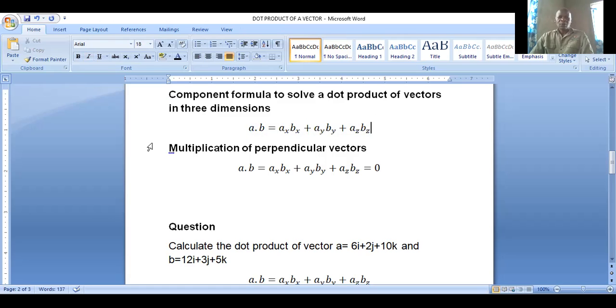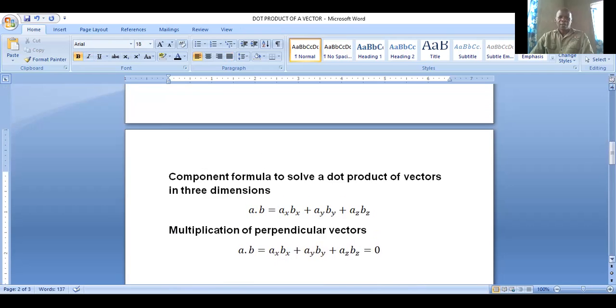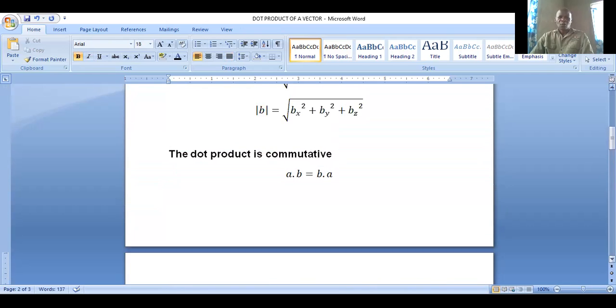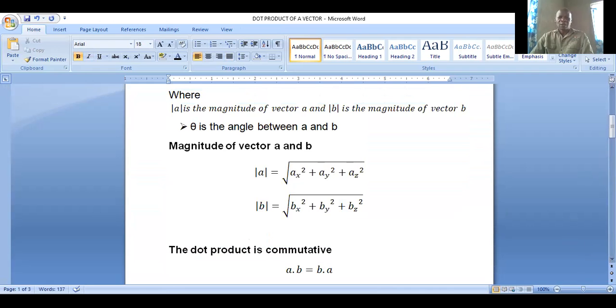Also note that the dot product of perpendicular vectors is 0, because as we stated earlier, cos 90 is 0.